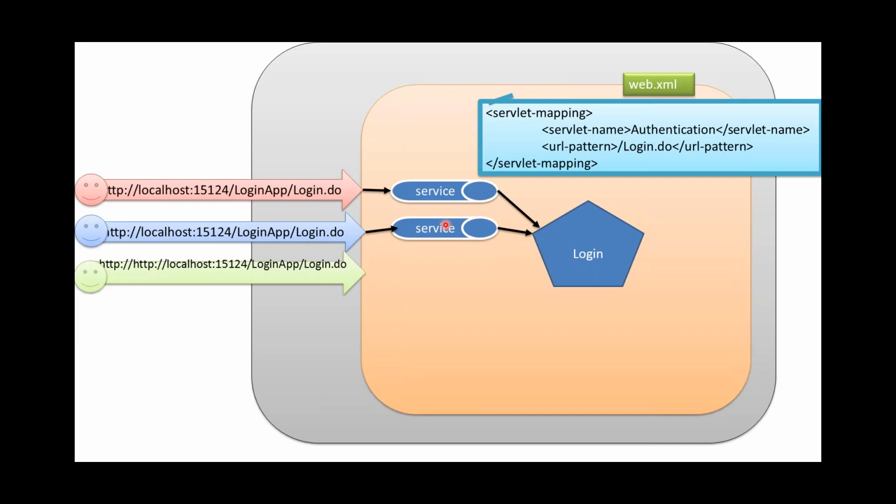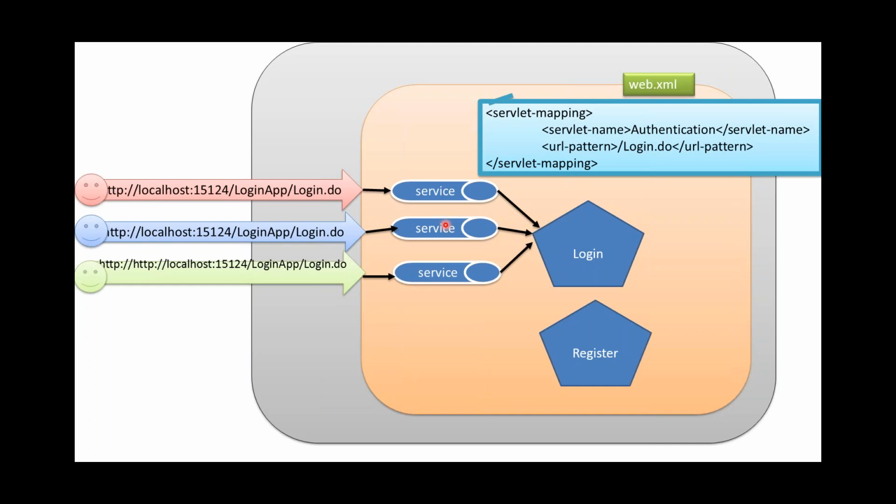And when the third request comes, your web container will create a new thread and hand over the request to this thread. So that is the reason we say it is thread based. You don't have to write any code for multi-threading. Multi-threading code is written by the container. Container will take care of all the multi-threading code that is required to handle multiple client requests. We need not write any multi-threading code.